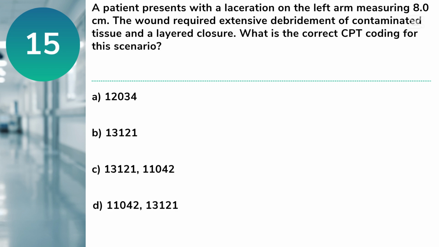Question 15. A patient presents with a laceration on the left arm measuring 8.0 centimeters. The wound required extensive debridement of contaminated tissue and a layered closure. What is the correct CPT coding for this scenario? A. 12034.